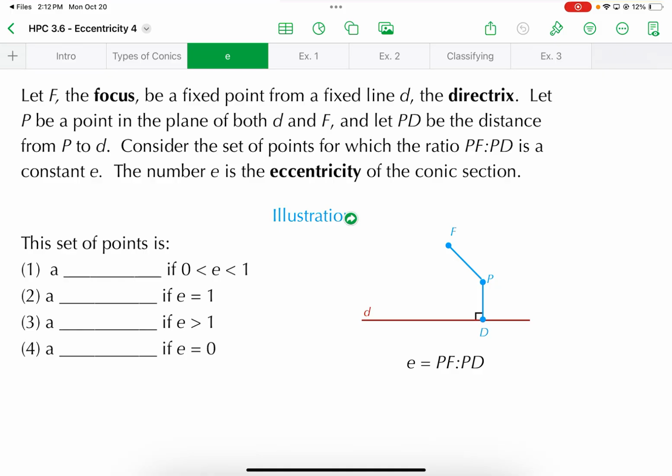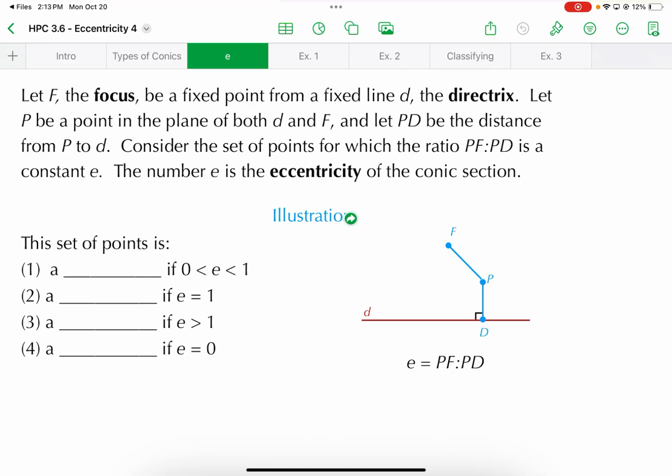We're going to consider the set of points for which the ratio of the distance from P to F to the distance from P to D is a constant, E, and we're going to call E the eccentricity of the conic section, okay?